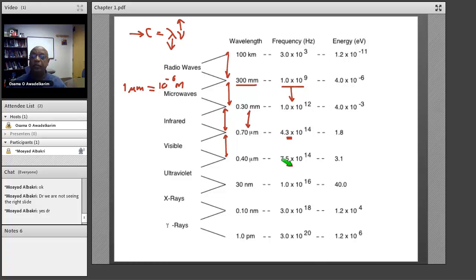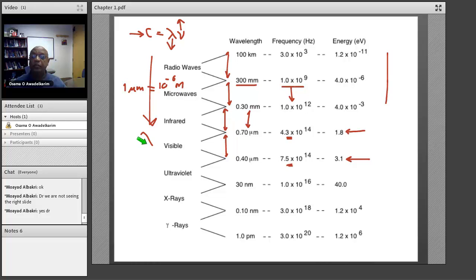Okay, that's the infrared. Then the visible light, the light that we see, the red light, the blue light, the violet light, the green light, they are all in the range of 0.7 micrometer down to 0.4 micrometer.